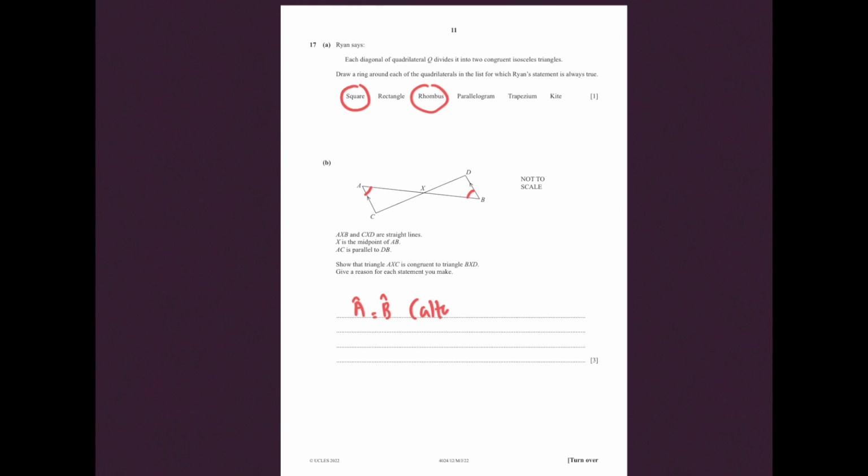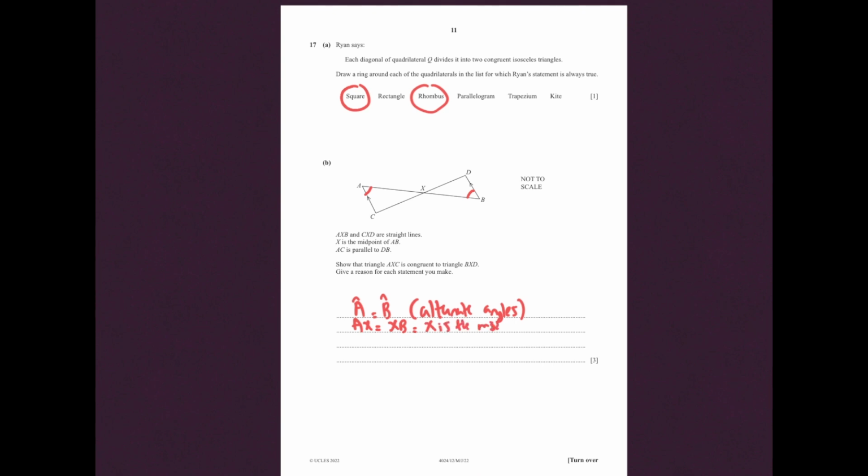Because of alternate angles. Then दूसरी बात बच्चे, आप यहाँ पे देखो x midpoint of AB बोला है, तो you can say that AX is equal to XB because it's mentioned x is the midpoint.